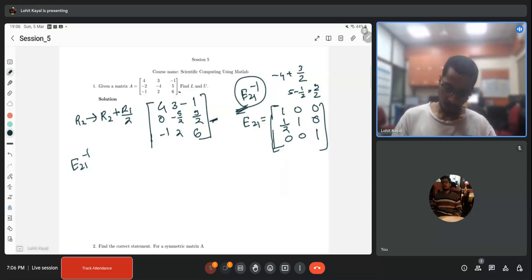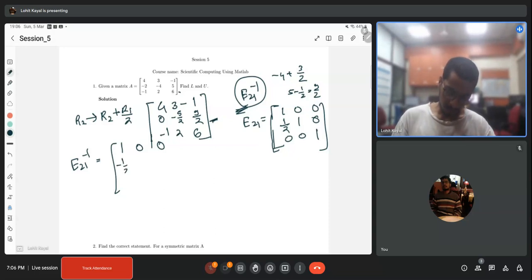Previously we multiplied row 1 by half and added it to row 2. What will be the opposite process? The opposite process is multiplying row 1 by minus half and adding it to row 2. Let's verify.